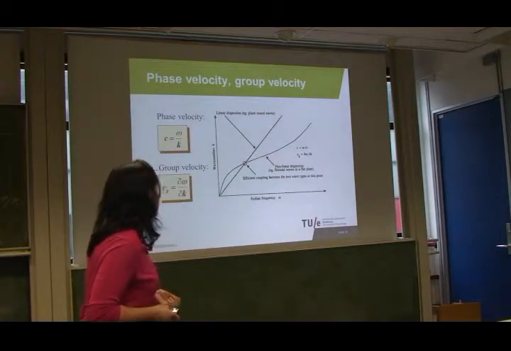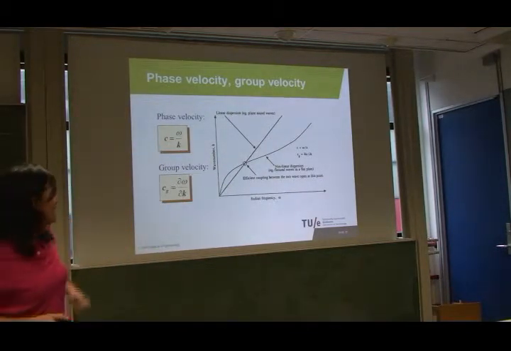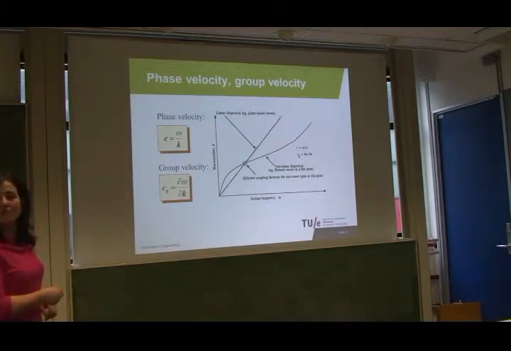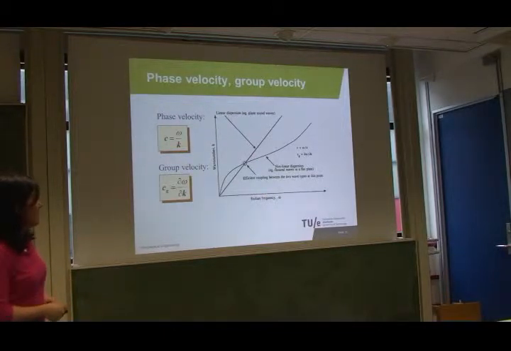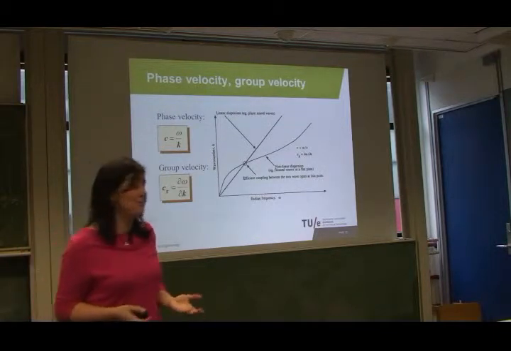Well, this is the reason, and I will explain what we see here. I'm not going to talk about this group velocity thing, so we are talking about the phase velocity, which is the ratio of omega to wave number. And what we see here is frequency on the x-axis and wave number on the y-axis. This is what we call a dispersion plot.